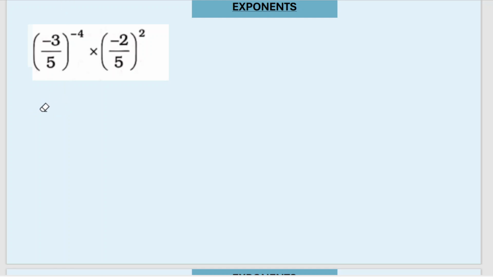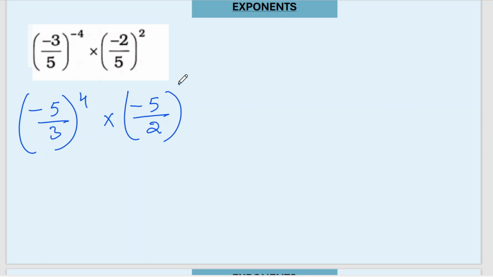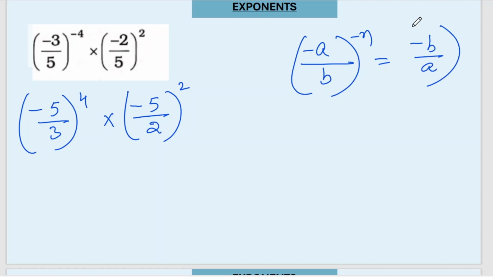So I can write this as (minus 5 by 3) to the power 4, always keeping the minus on the numerator side, into (minus 5 by 2) to the power 2. Always remember, (a by b) to the power minus n can be written as (minus b by a) to the power n. Sign will change, you can see. Okay, and this will become like this.